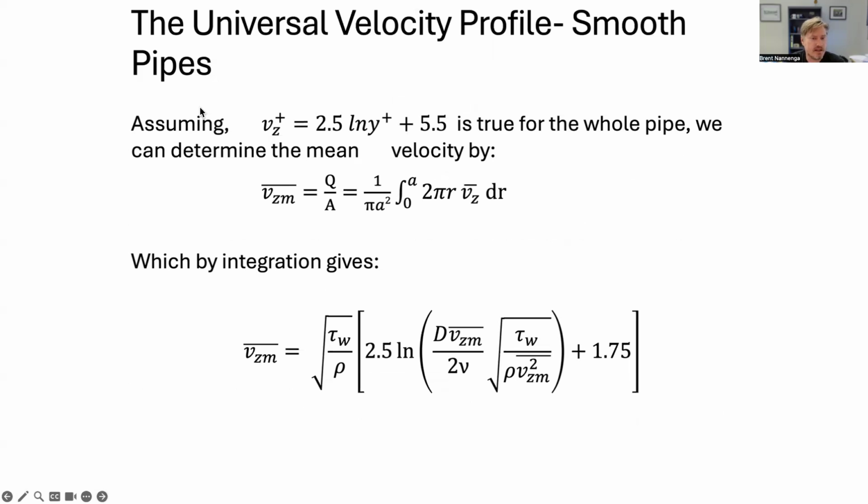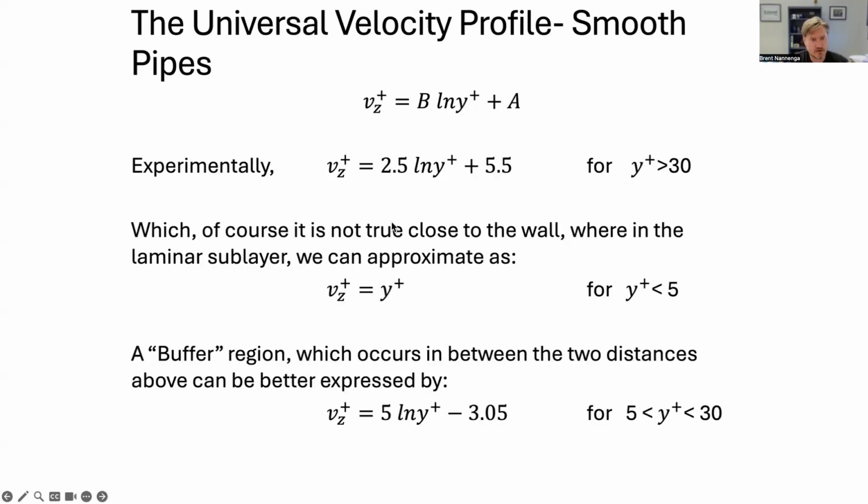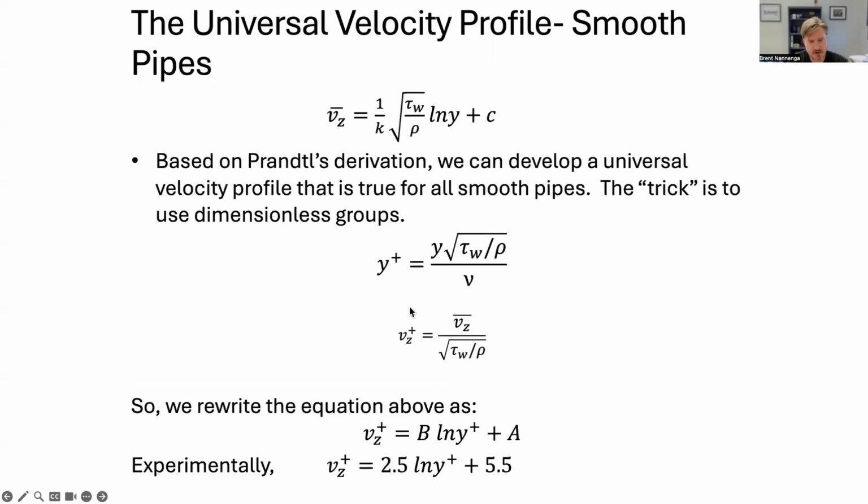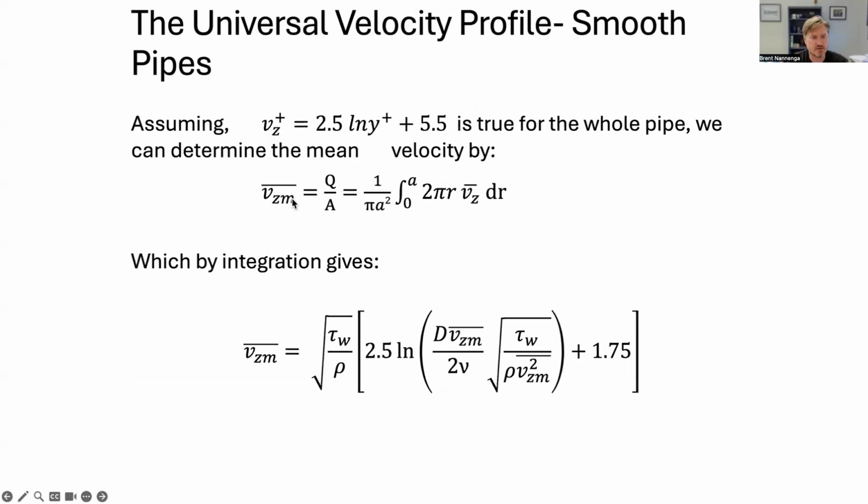So we can convert this velocity profile to not just calculate our average VZ right here, but we can also use it to look at the entire mean velocity through the pipe, which we're going to call VZM.